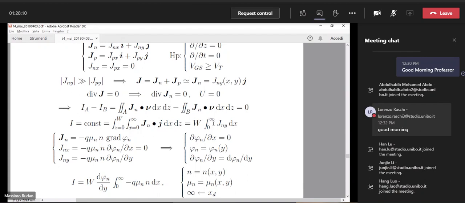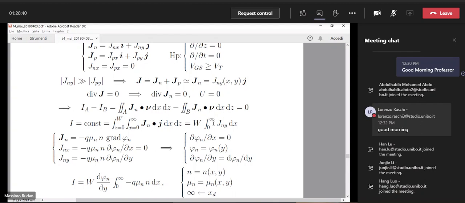Now we exploit the expression of the current density. You remember, in general, in the semiconductor mathematical model, the current density is expressed with the drift diffusion terms, okay, is the sum of the drift and diffusion terms.